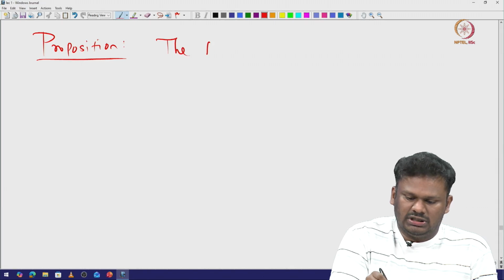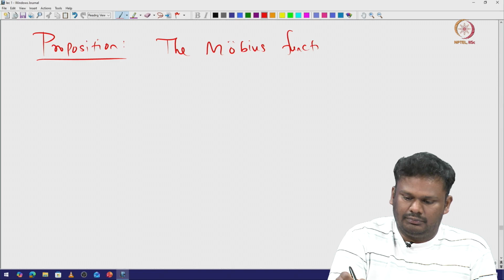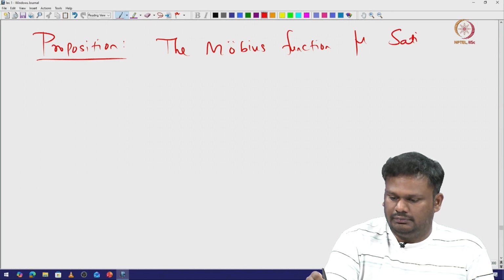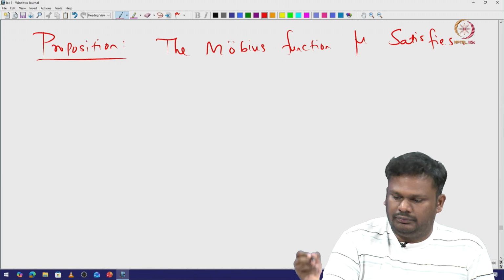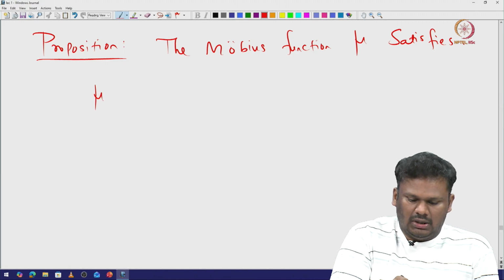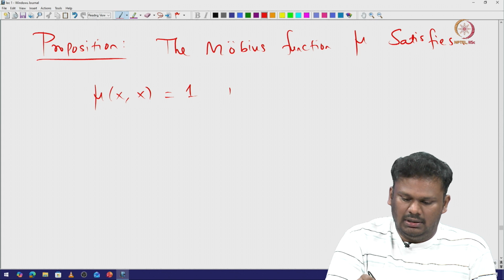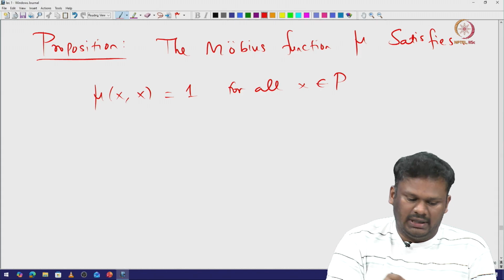The Möbius function mu satisfies the following. If we take all the diagonal entries, mu of x should be 1 for all x in P. That is the first property.